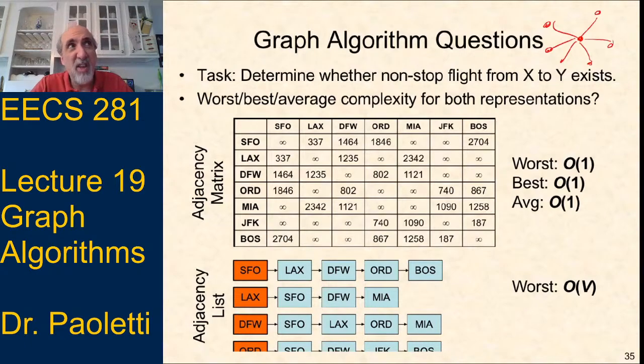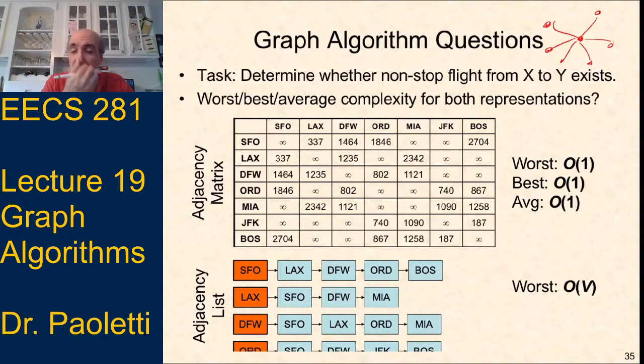But still, Wi-Fi, same idea. I connect to the router, and everybody that's close to this router connects to the same router. So we could have one like that, where even though it's a sparse graph, there is someone who's connected to everybody. So I could have worst case O(V).